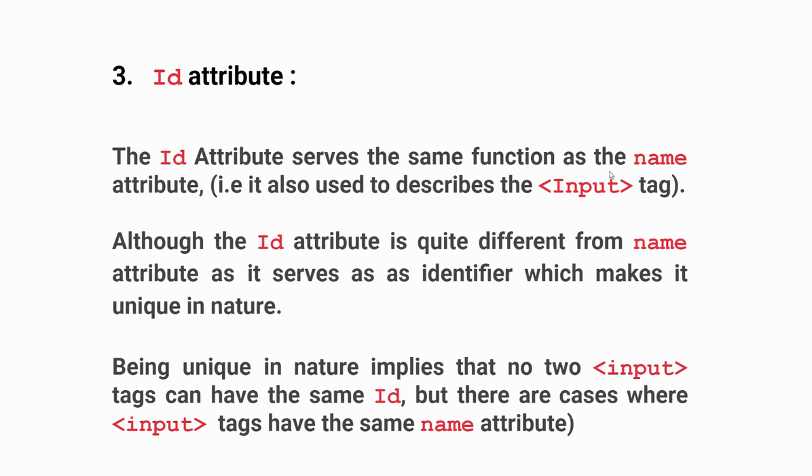So if you want to make changes to just one particular input tag, rather than referencing it with the name attribute, which could be conflicting with other inputs, you could just use the ID attribute of that particular input tag, and any change you apply to it will just appear on that particular input tag and no other tag. That's why the ID attribute is so important. So I hope you understand the difference between the name attribute and the ID attribute. So we move to the next attribute.